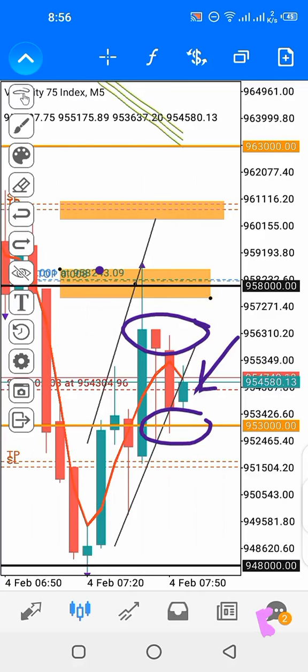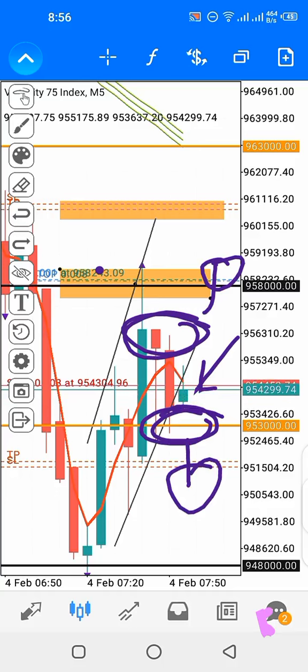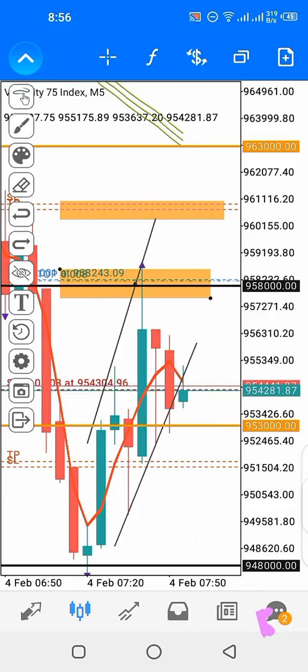If the current candle breaks the resistance here, it will trigger our pending order. But if it breaks the support around here, it's going to give us break even around here. Either way, we'll continue to monitor what price is doing.